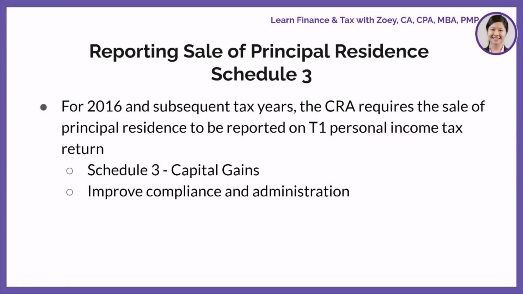Prior to 2016, the CRA did not require any reporting related to the sale of a principal residence if the property was principal residence for every year owned. For 2016 and subsequent tax years, the CRA requires the sale of principal residence to be reported on Schedule 3 of the T1 Personal Tax Return in order to improve compliance and administration.